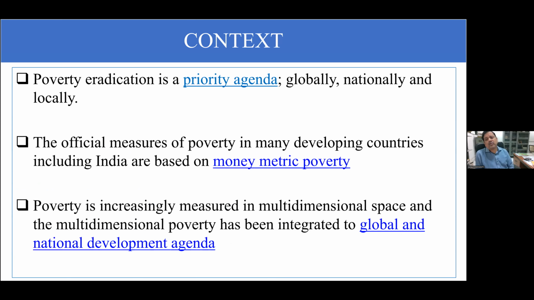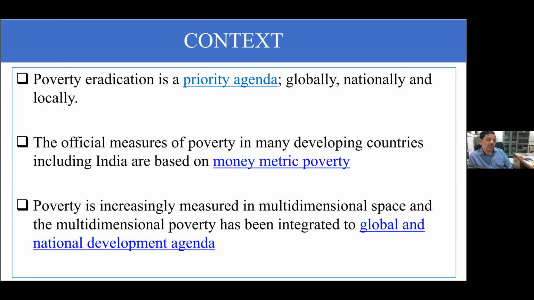I just want to give a bit of context on why it is critical, because all of us know, whether it is the MDGs or SDGs, the eradication of poverty in all forms is a priority agenda, from the global to the local level.